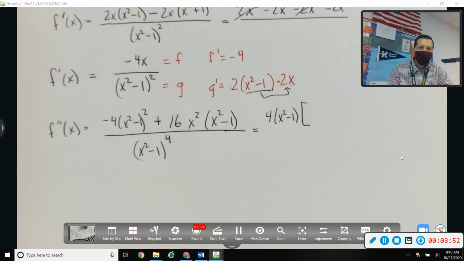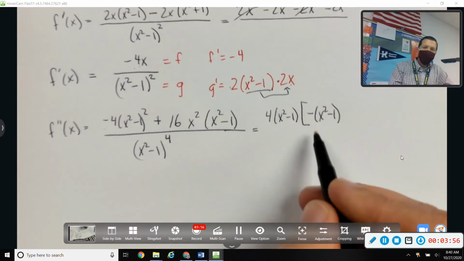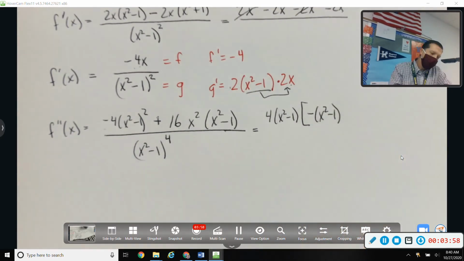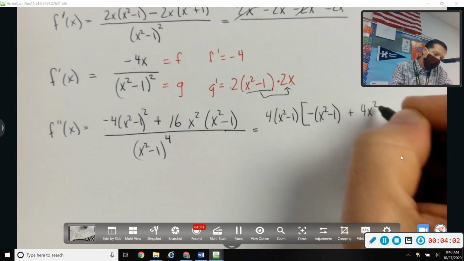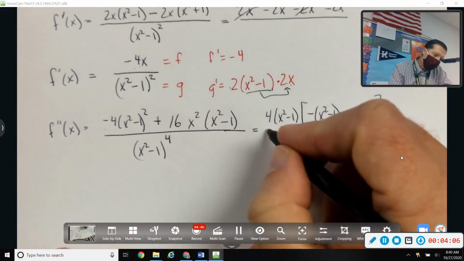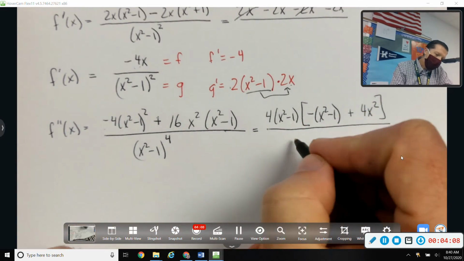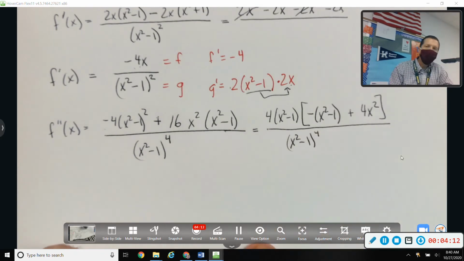Doesn't matter. Negative x squared minus 1, because there were 2 of them, I took one of them, plus 4x squared, but I took the x squared minus 1, all over x squared minus 1 to the fourth.